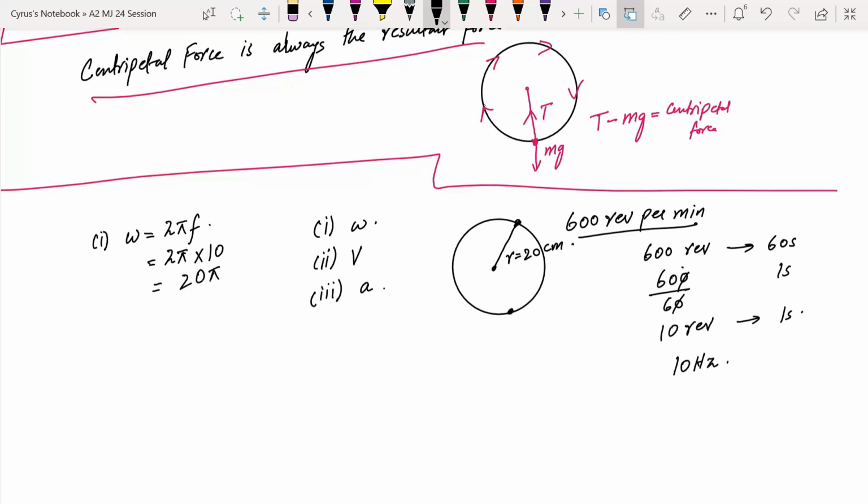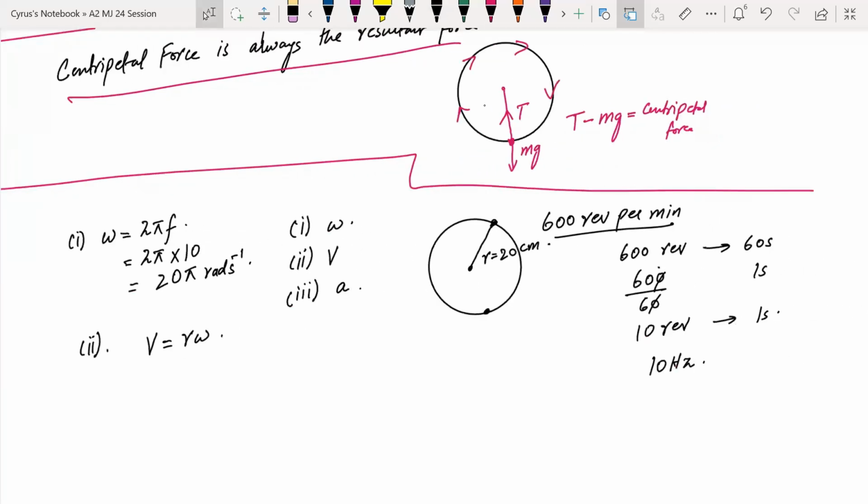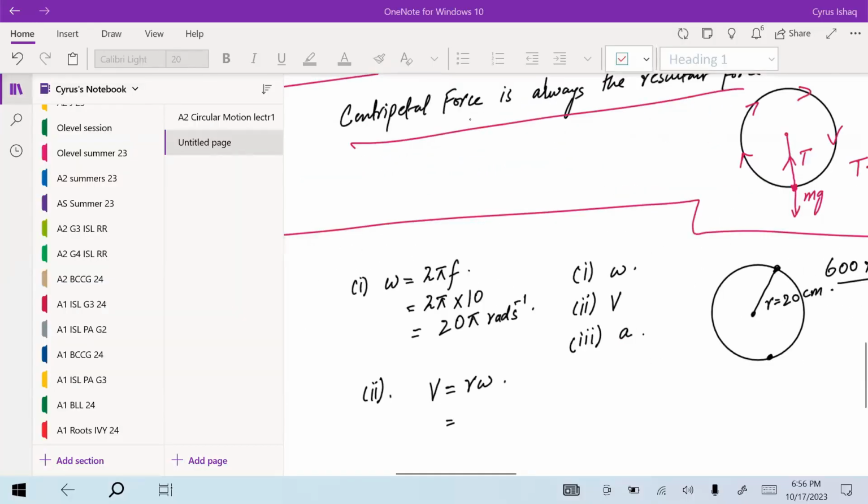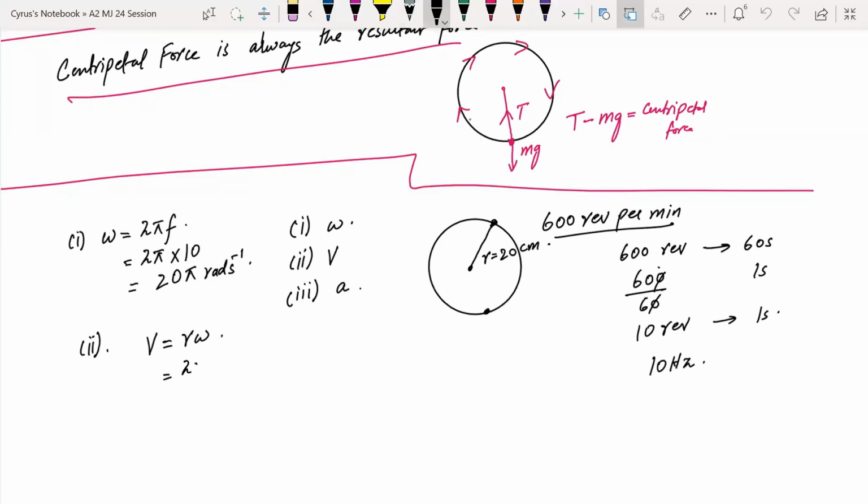The units for omega are radian per second. What is v? v is equal to r omega. You have already found omega. You can also do 2 pi r f. R is the radius, so we will write 20/100 to convert it into meters. And omega is 20 pi. Now if you solve this, you will get your answer. I think it's 12.6 meters per second.